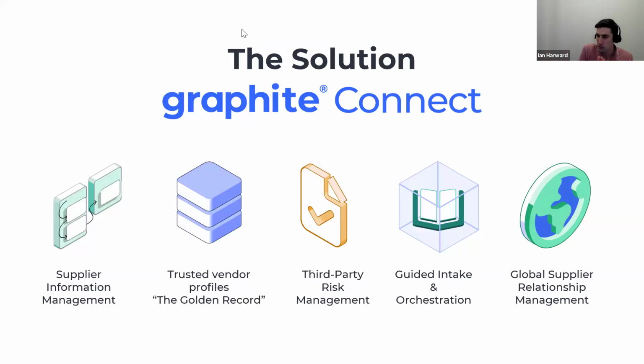So when we saw the Graphite solution, obviously we did an RFP. We looked at many other options, but the areas highlighted here are the reasons why we went with Graphite Connect. We wanted to be able to manage our supplier information, and the idea of a network where our different operations partners can manage their own profile was very attractive to us to speed up the onboarding timeline.